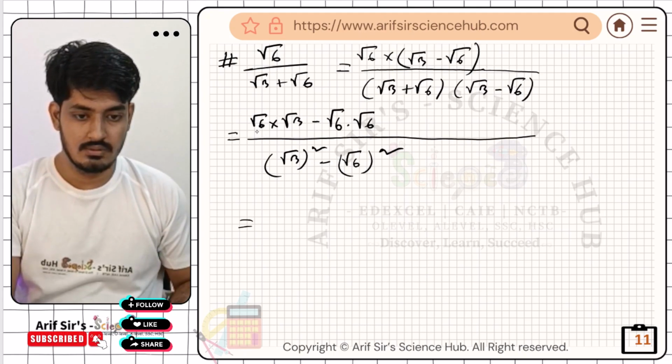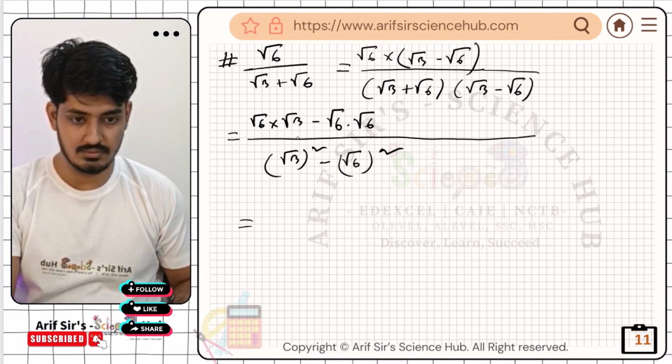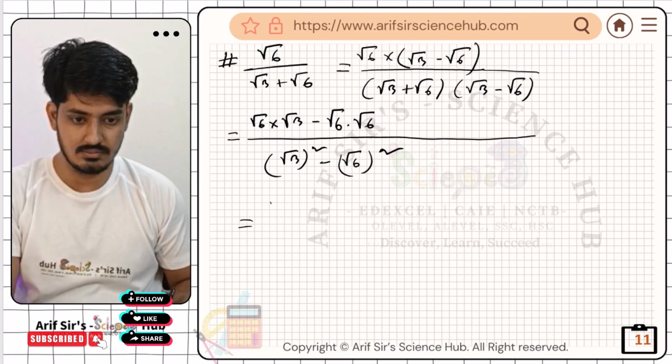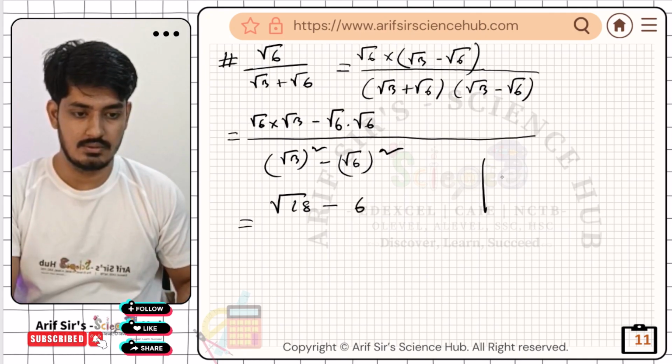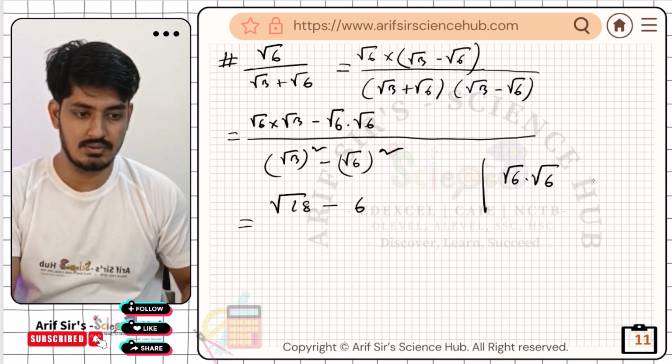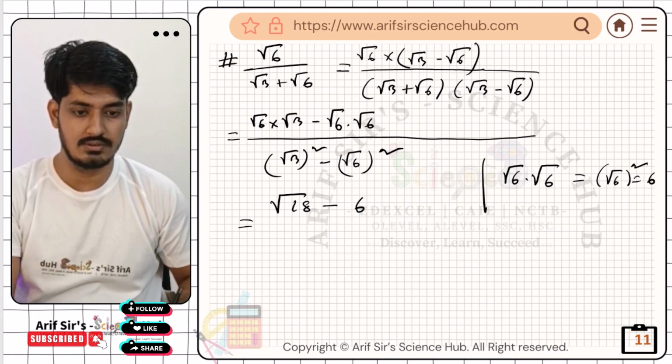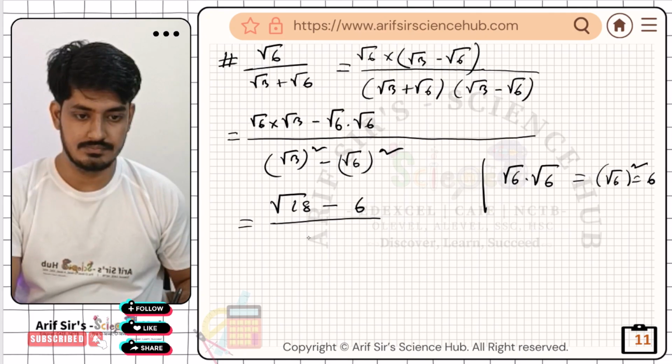So root 6 into root 3, if we multiply this, it should be root 18 minus, we can just write 6 for root 6 into root 6, because root 6 square is equal to 6, okay. Then we can just write 3 minus 6, okay.